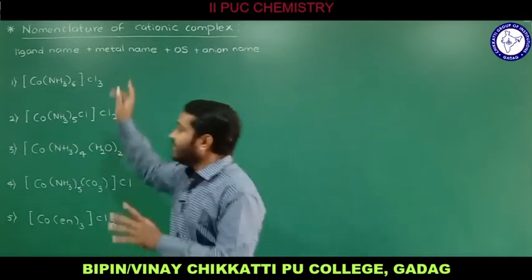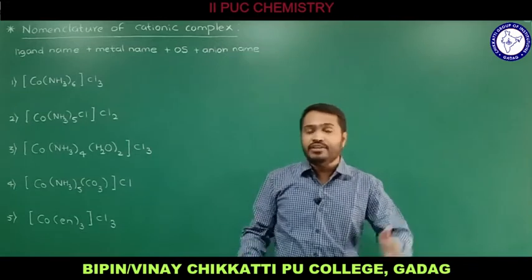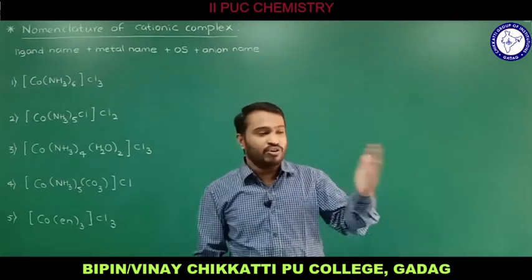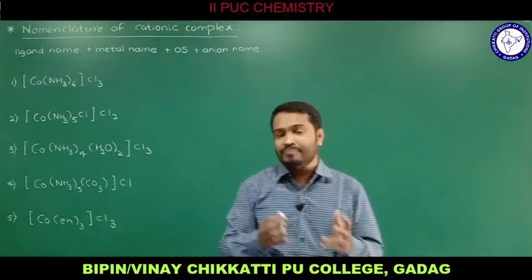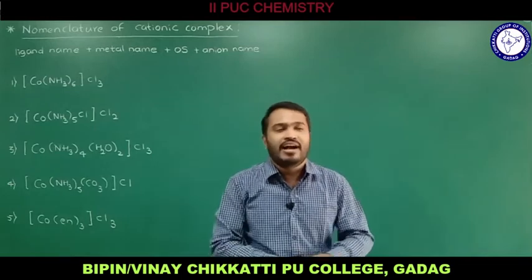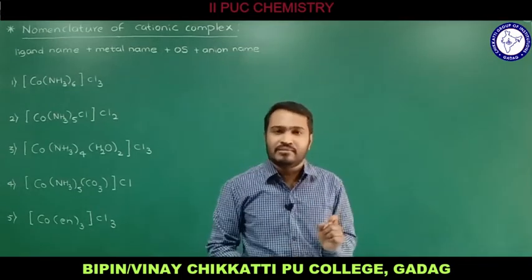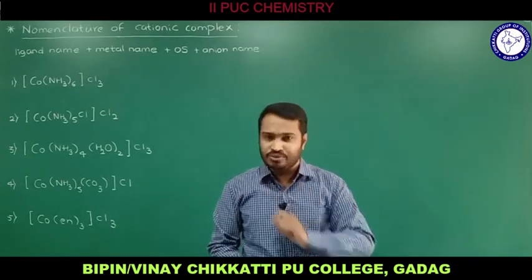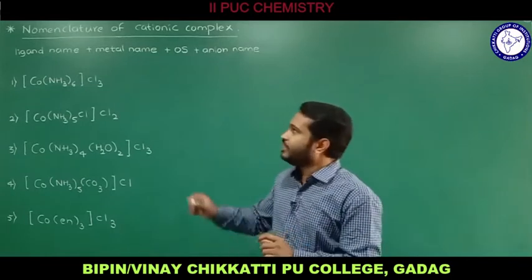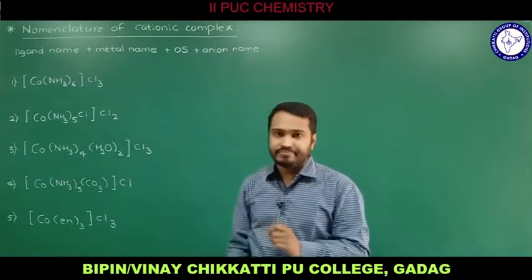In the previous session, I gave different types of ligands: monodentate, bidentate, polydentate and ambidentate, and listed many examples, the symbols as well as the names. You need to know that, and based on that you write the ligand name.